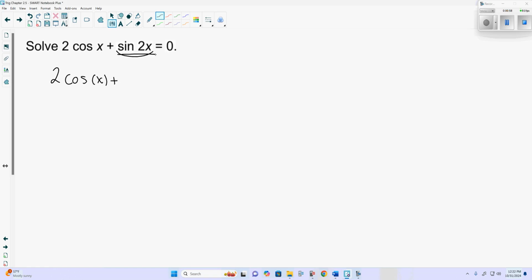But our sine of 2x does have a theorem, because sine of 2x is equal to 2 sine of x cosine of x. So what that means for us is that we can replace sine of 2x with 2 sine of x cosine of x is equal to 0.